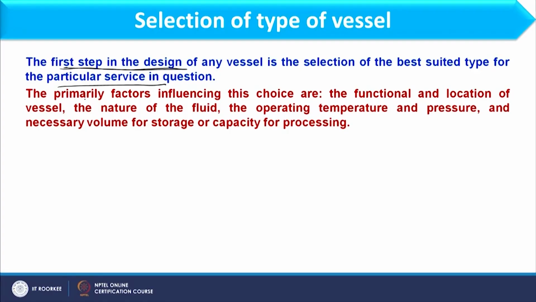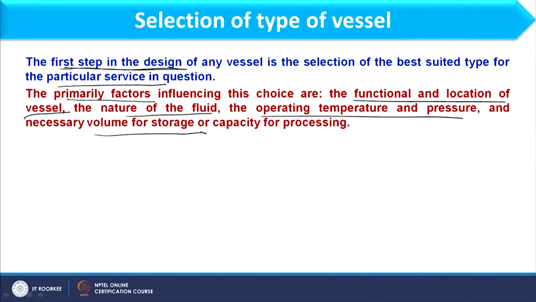Nature of fluid, it means whether it is toxic or non-toxic, accordingly we select the vessel. Operating temperature as well as pressure, and the volume to be stored or operated in the equipment. Okay. So, these are a few factors, based on which we select a particular equipment.